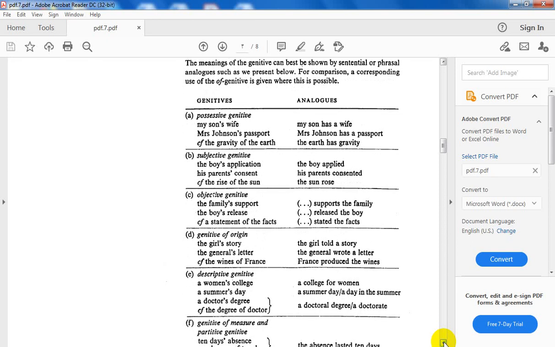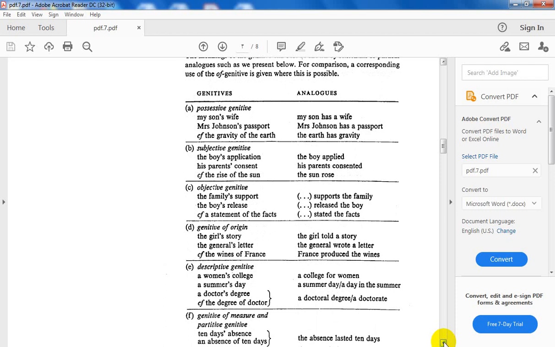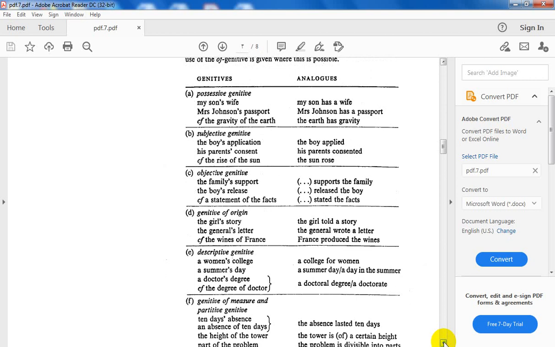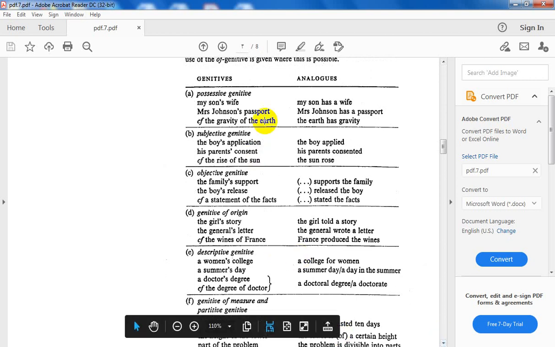First of all, let us see what they are, and then we are going to see what the structures are in which I use s, and in which I use of. The first and the most common case is called possessive genitive.